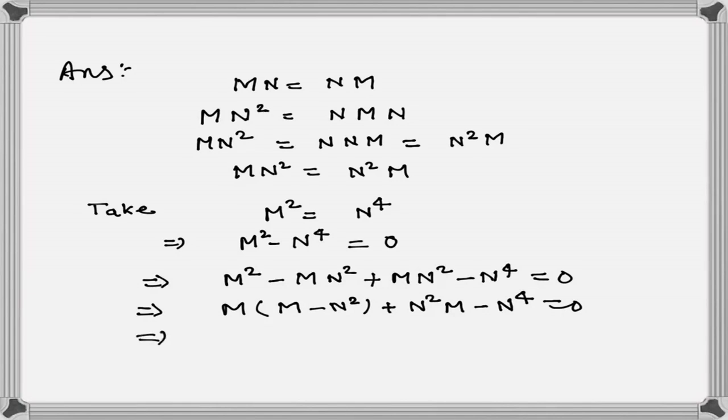So this implies M minus N square plus N square, if I take from here, then we'll get M minus N square is equals to 0. So we have M plus N square into M minus N square is 0. So let's call this equation number 1.